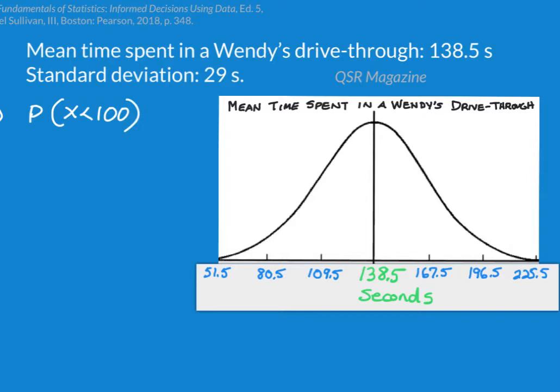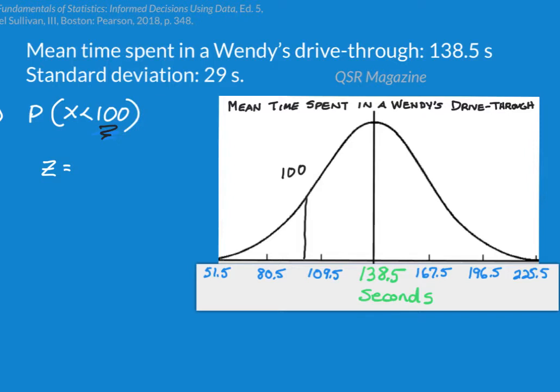So now I just need to compute the z-score for the time of 100. Before I do that, let me go ahead and mark that value of 100. So let's compute the z-score. The way I'm going to do that is using my z-score formula.